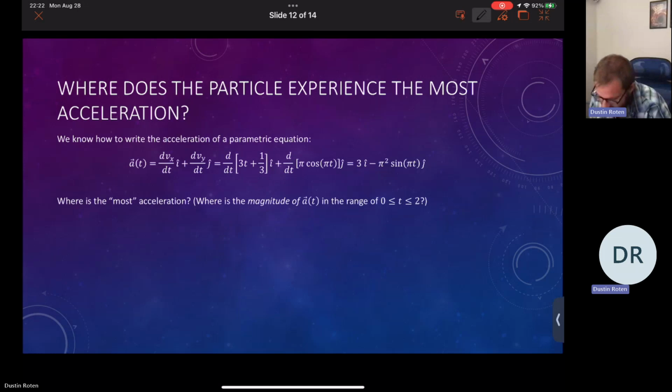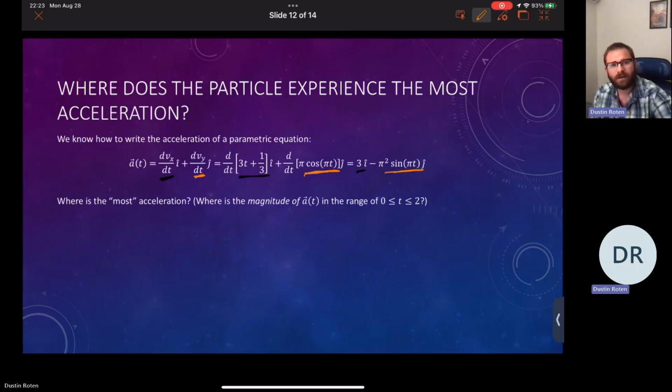So I'm going to take a derivative of the x piece, and that's just going to give me 3, a constant velocity. Now I need to take a derivative of the y component. Because there's a sine function in there, I'm going to maintain another sine function. So there's my derivative of the y piece, my bad.